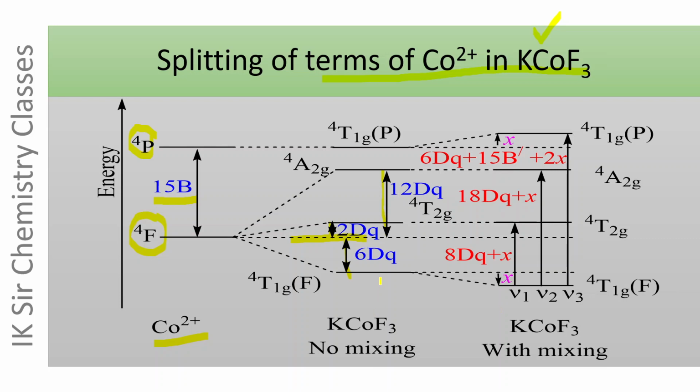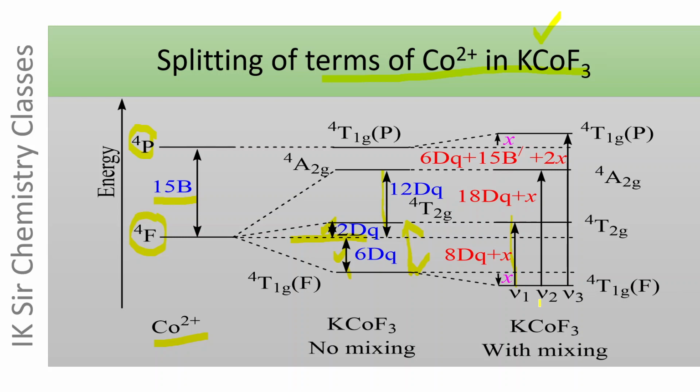Let us see. This energy difference is 8 Dq, 6 Dq plus 2 Dq. It is 8 Dq, and x amount of energy is added to it, and therefore the first transition ν1 requires 8 Dq plus x amount of energy.